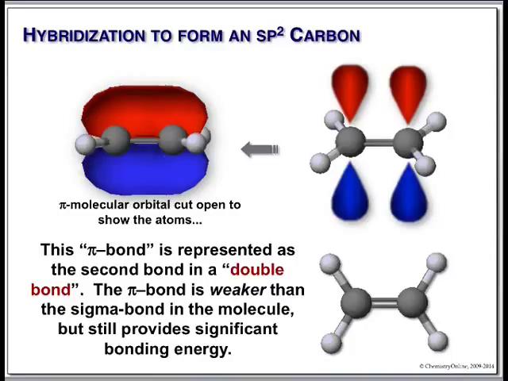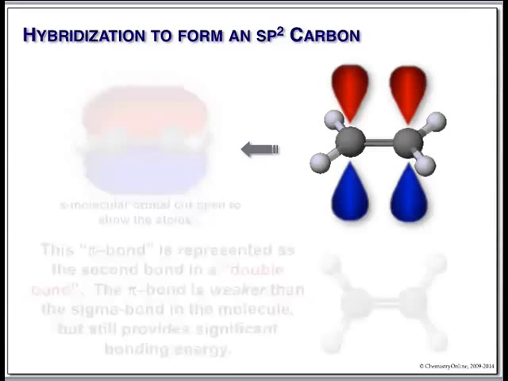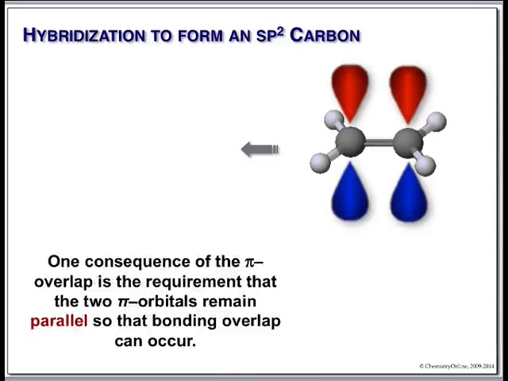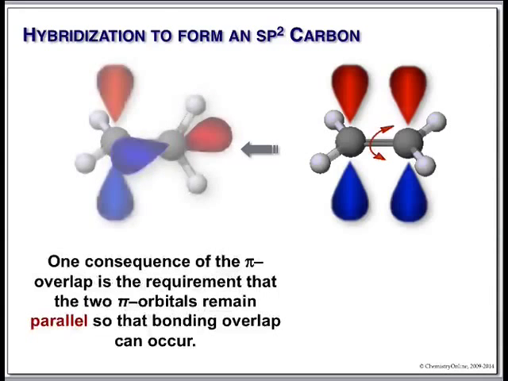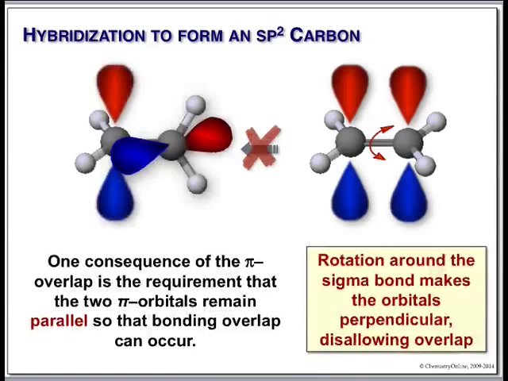Now we said that one of the things about alkenes was that because we formed our second bond, our pi bond, by overlap of these orbitals, we were not allowed to rotate this sigma bond. If we did, we would wind up with this structure. And in this guy, our overlap between the adjacent p orbitals is 0.